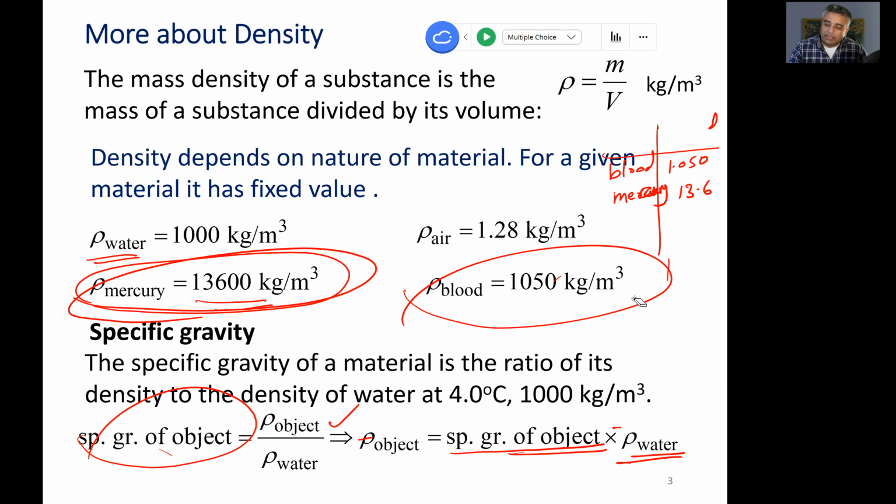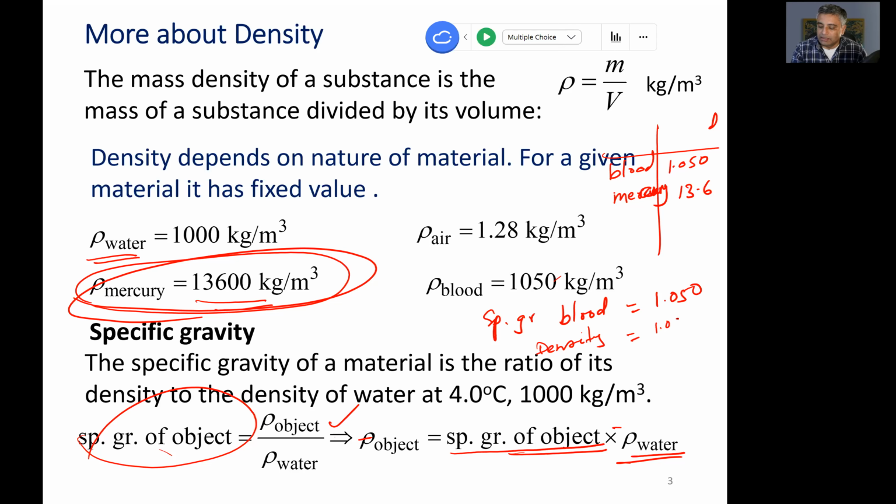When it says the specific gravity of blood is 1.050, that means the density is going to be this number times 1000. Okay, that's it. That's all we need for this class. So sometimes you may be given specific gravity rather than density directly, and in that case, you convert that specific gravity into density.